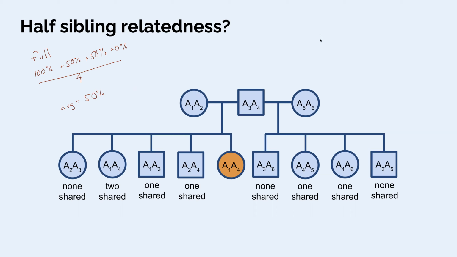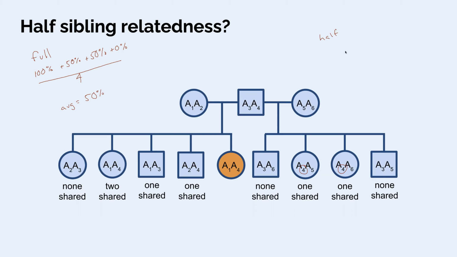For the half sibling, for each of these individuals, you share either one of your alleles, the same one that you got from dad, or you share none, because in this example, mom is coming in with alleles that aren't even possible for you.